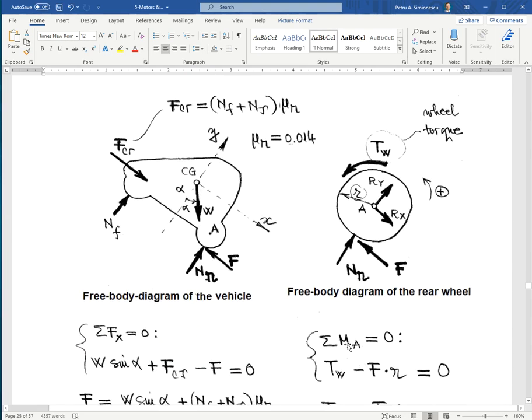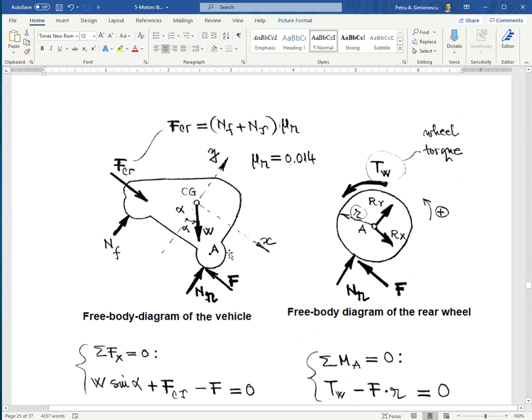So what I'm doing, I'm starting with a free body diagram of the Baja car on an incline. I have the slope angle alpha. This is not shown, but it's understood, and it's also the angle between the normal to the car floor and the direction of the weight.